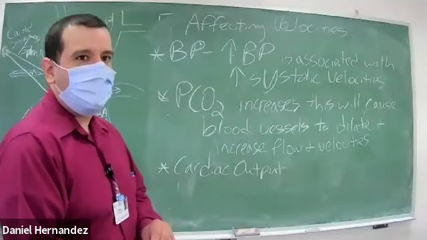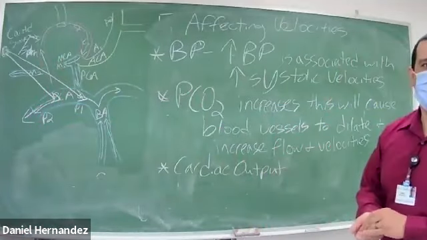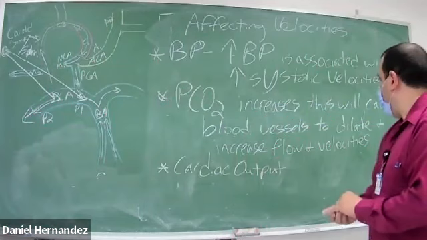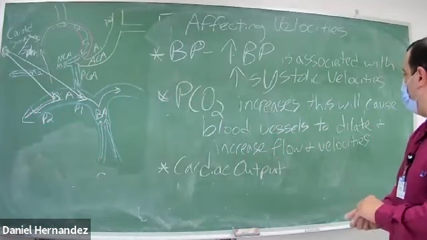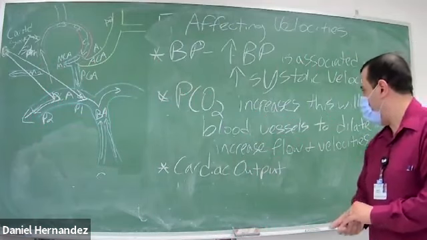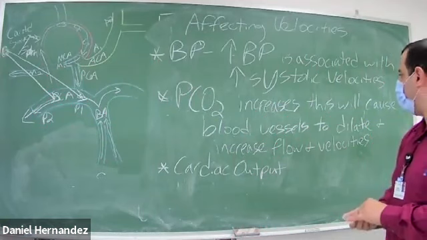I would imagine that the velocity increases wouldn't be as significant as, say, having a narrower vessel. But the pathophysiology behind it is you would have a significant increase in total blood volume getting to those vessels.